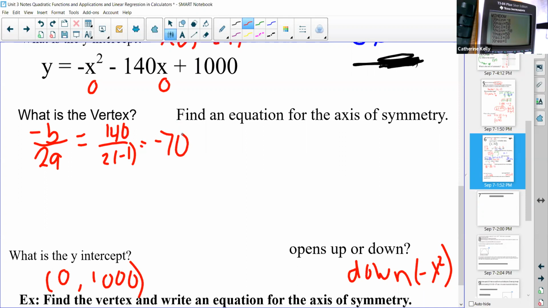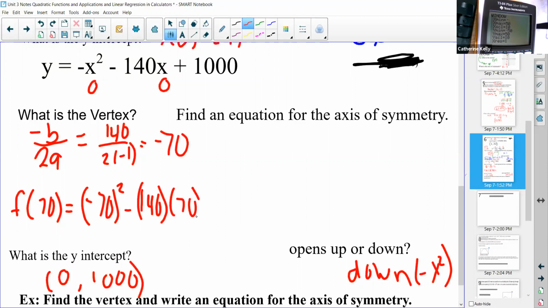And I'm going to put in negative 70 for x, because my f of negative 70 is going to be negative 70 squared minus 140 times 70 plus 1000. So I'm going to use my calculator, of course, and go second quit, and go negative 70 squared minus 140 times 70.